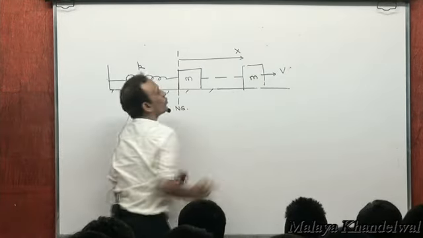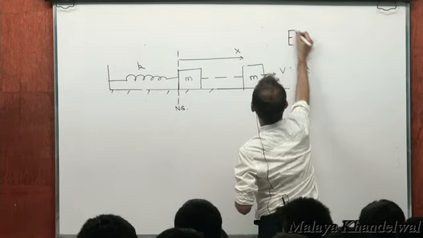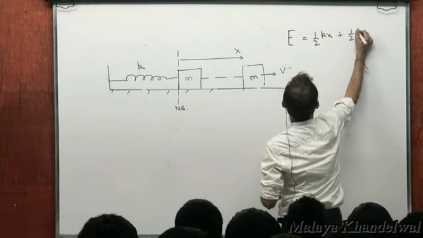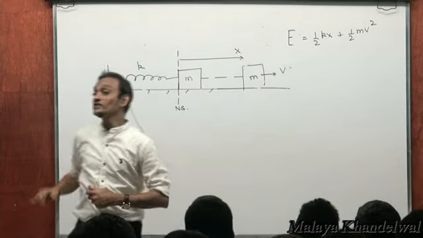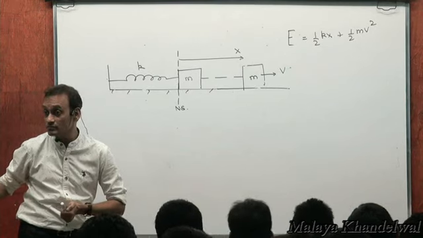Now, what was the total energy of the system? Half kx squared plus half mv squared was the energy of the system in this state. And the energy of the system will remain the same in all states, will be the same for all values of x.